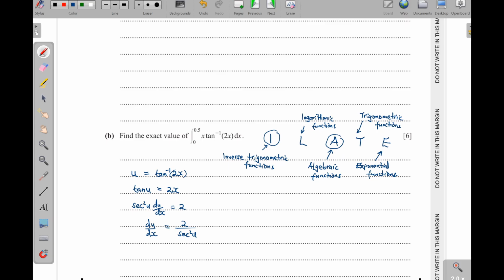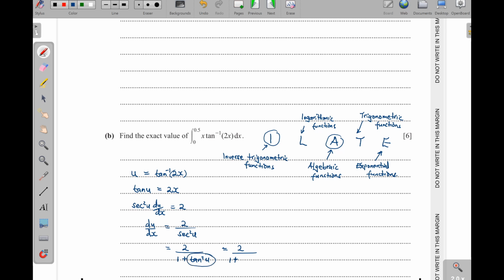I can actually have this one here as 2 out of sec squared, which is the same as 1 plus tan squared, okay? And then we shall have 2 out of 1 plus, what do you see here?